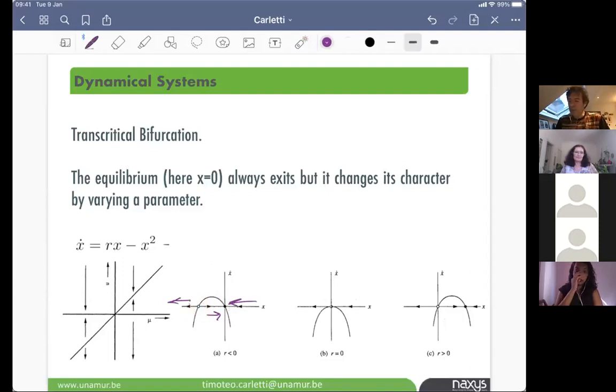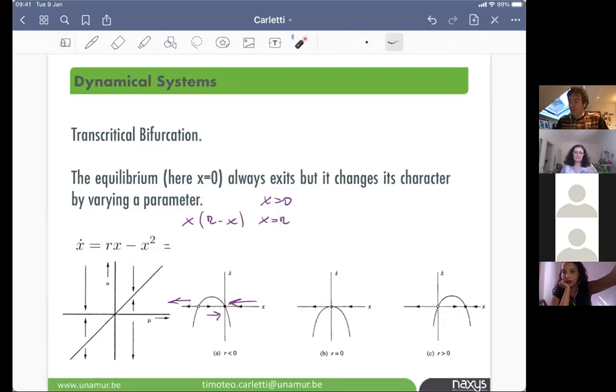And so the normal form is given now by this equation. And you realize that if you write this as x times (r minus x), you have x equal 0, which is a root, and x equal r, which is the second one. So you always have two equilibria. One is 0 and the other is r, negative in this case. Once r is 0, the two equilibria coincide.